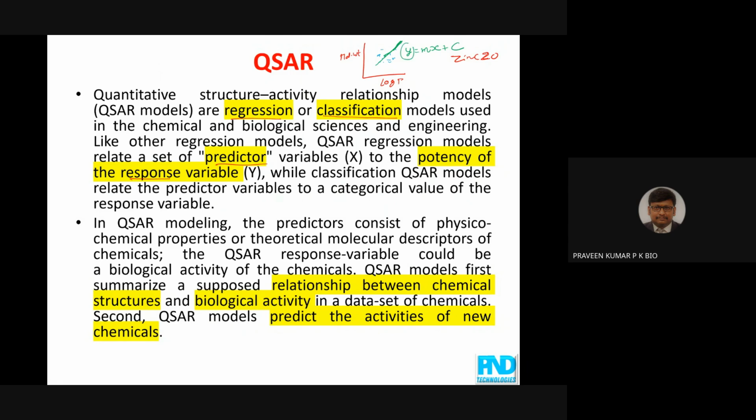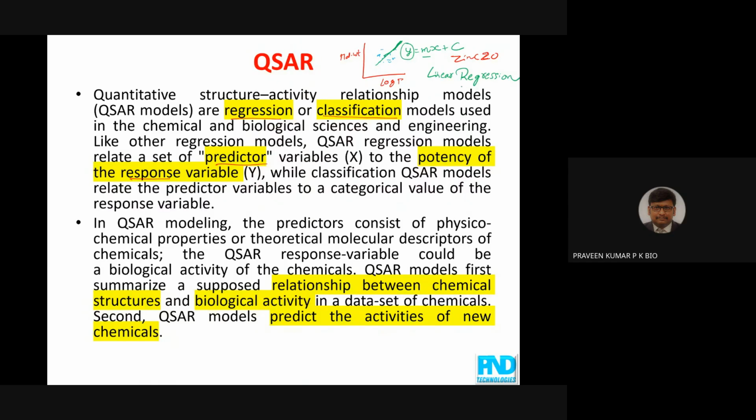So y is the independent variable, x is the dependent variable, m is the slope, and c is the intercept. So whatever method we use now is the linear regression model. In the linear regression model, we can predict the y and x values from this method.